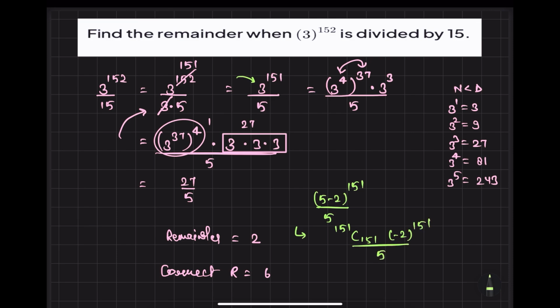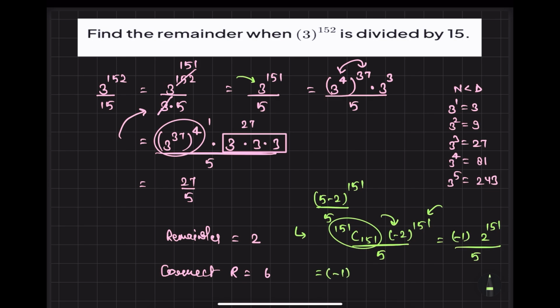This will give you 1, and it is minus of something to the power odd, so you will have a negative output. So I am keeping minus 1 aside and then writing 2 power 151 divided by 5.